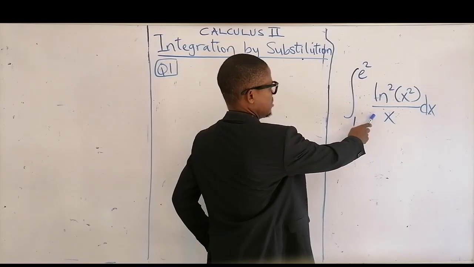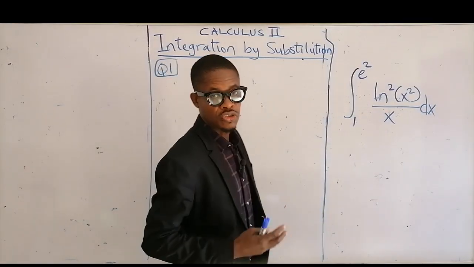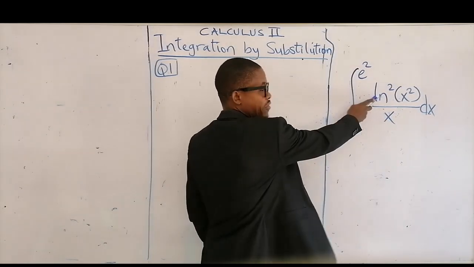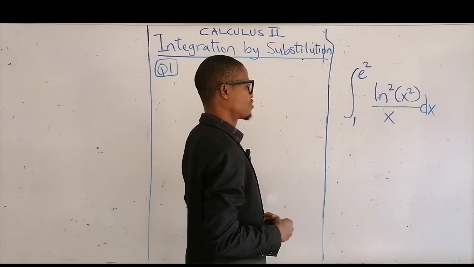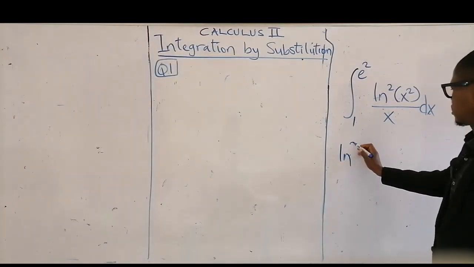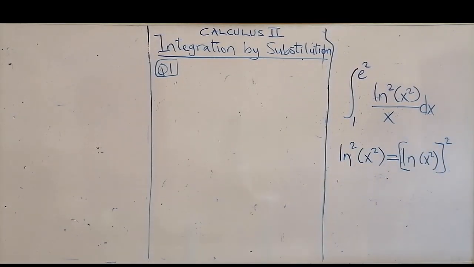For this question, what we're going to do is a little algebra. Okay, we can go for this one for our substitution. So let's start with a little algebra. Don't forget this one is the same as ln of this function, then you square that. That's the first thing we do.